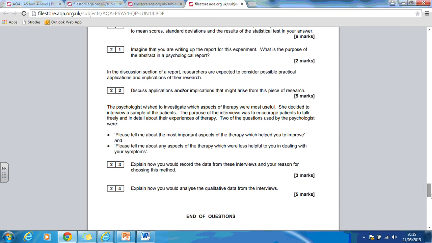Right, and you might be asked whether you're going to use self-report measures, and are you going to use a questionnaire, an unstructured interview, or a structured interview. So you need to know what the benefits and the limitations are for each of those four.